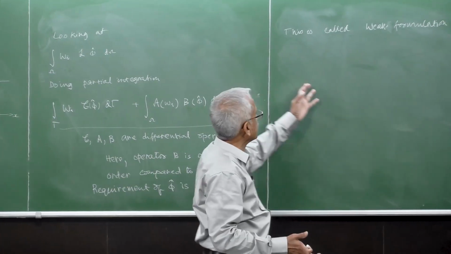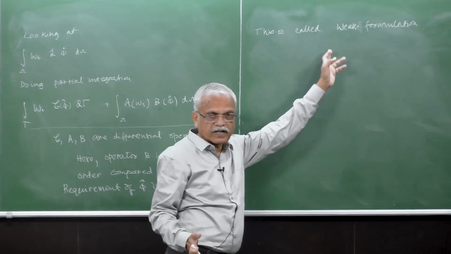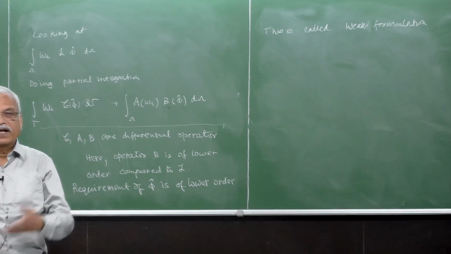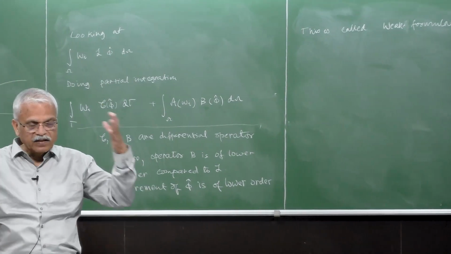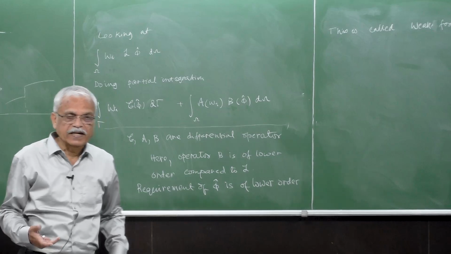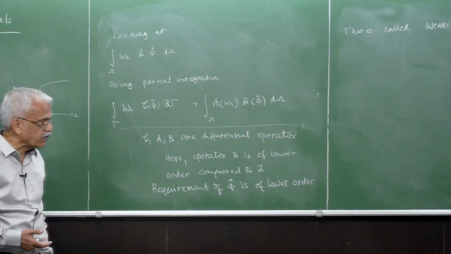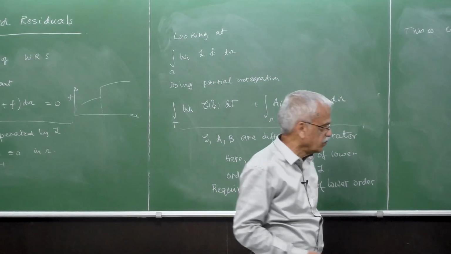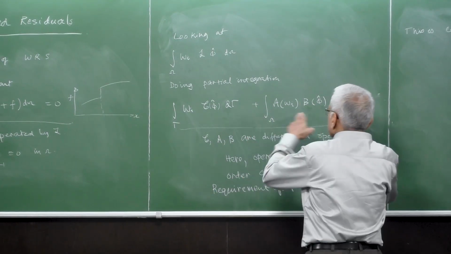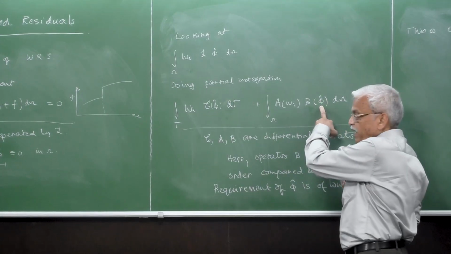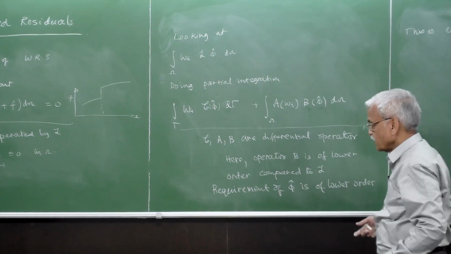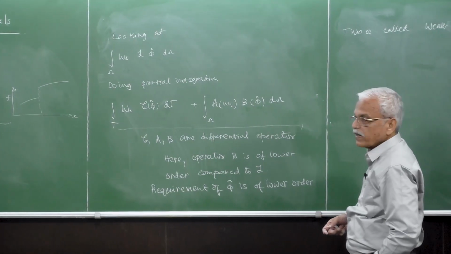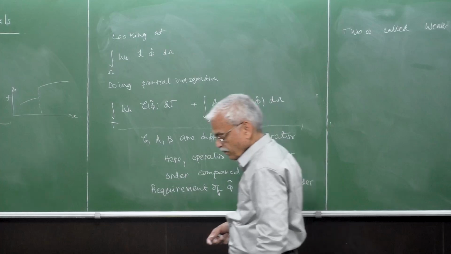Phi hat is of a lower order continuity, so the whole set of functions which we can take has expanded. So this is a weak formulation. We have expanded the set of phi hat to be of a much larger class. That's why this is a very important aspect of the method of weighted residuals.